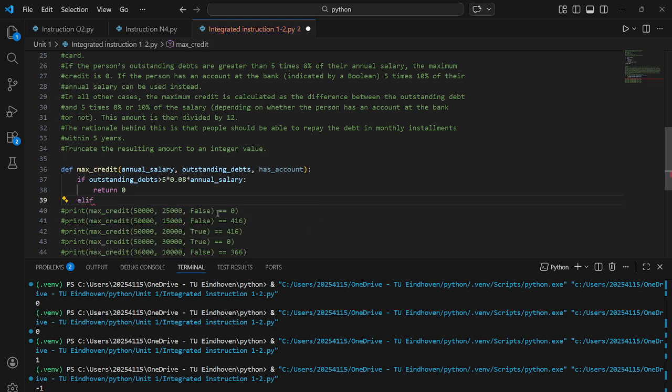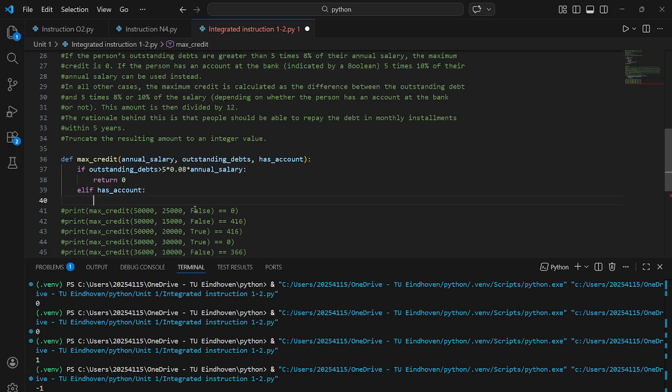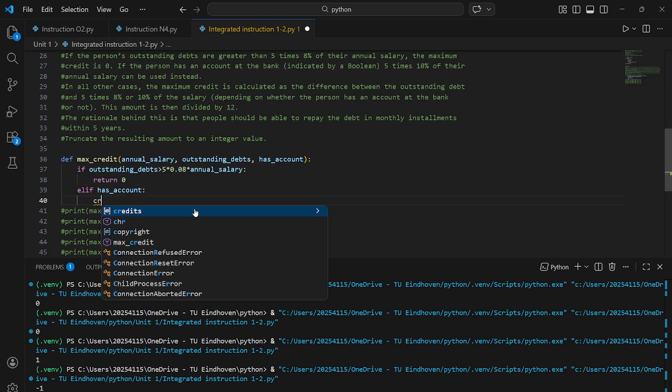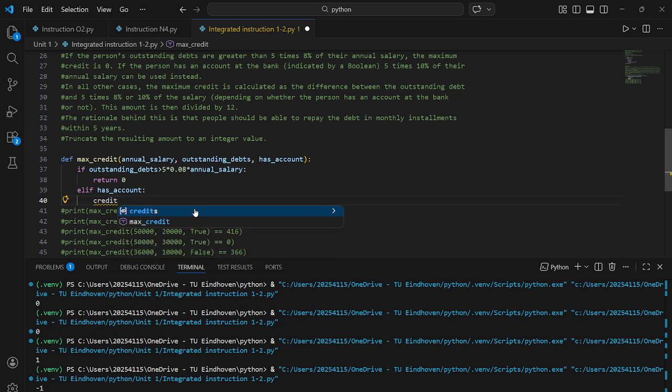Else if has account, so if the user has an account, then credit is equal to 5 times 10% of their annual salary.